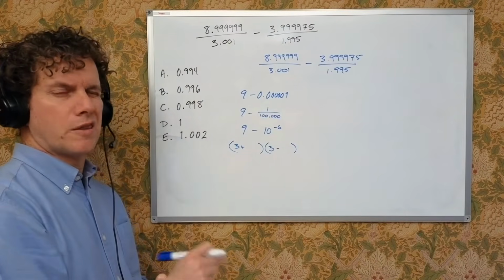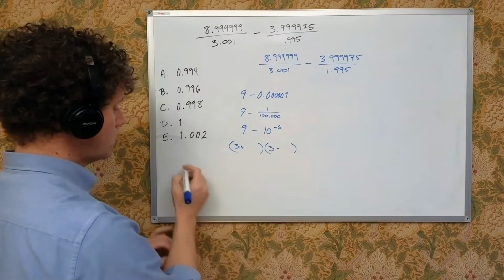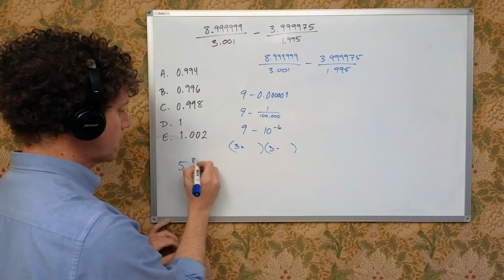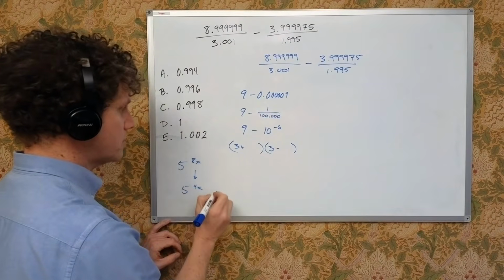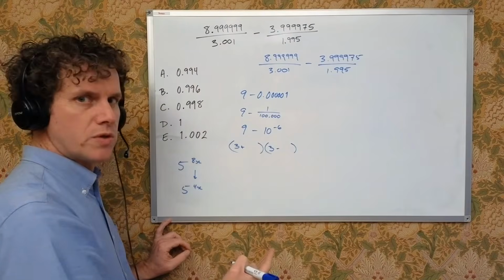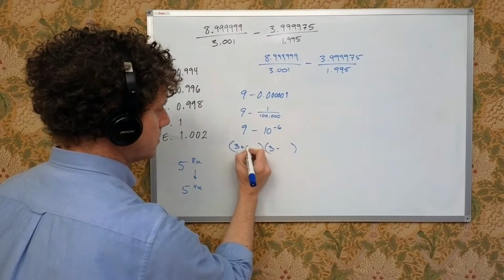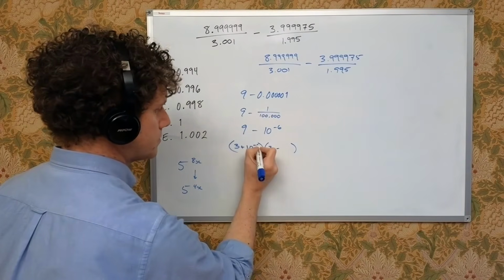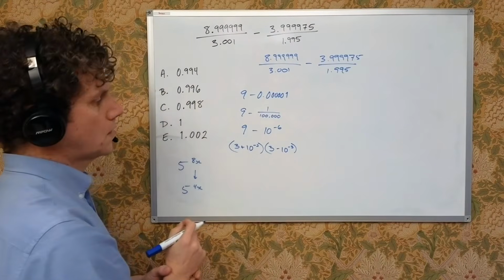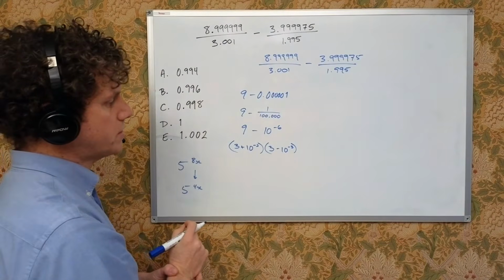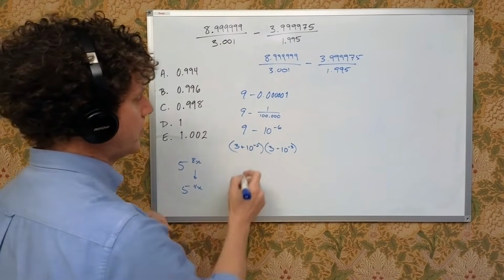What's the square root of 10 to the negative 6? Well, we saw this on the previous question, where the root was half the exponent. And the same is going to be true here. The root is half the exponent. So that's another way to express the numerator on the left.